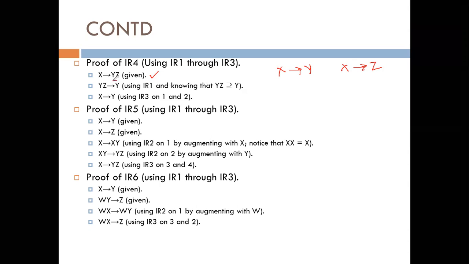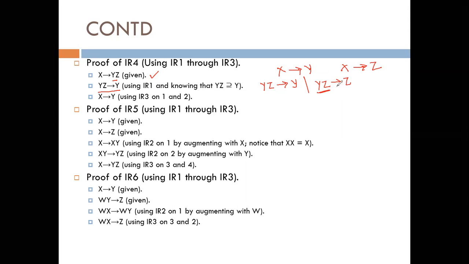Here we can write yz determines y, because according to the first rule, this part is a subset of the right side. We can also write yz determining z, because this is a subset over here.